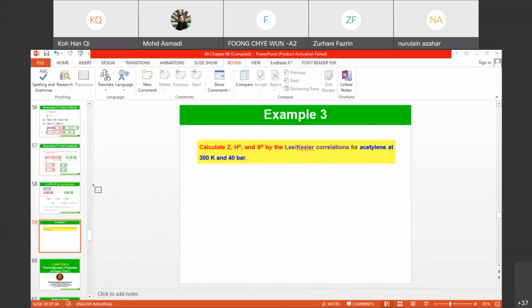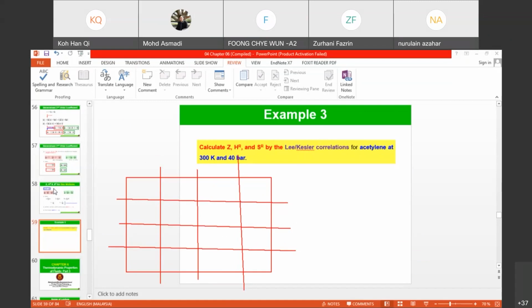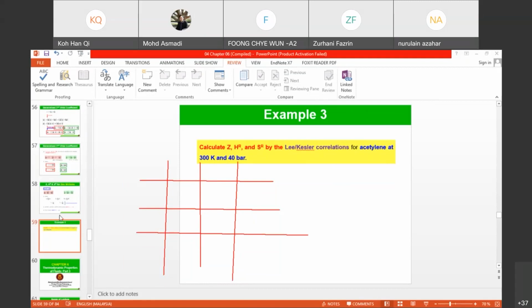That table is actually like this. This one x1.